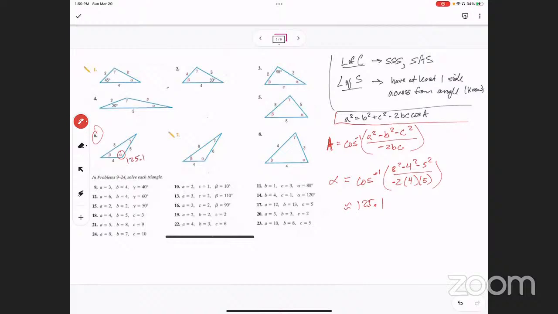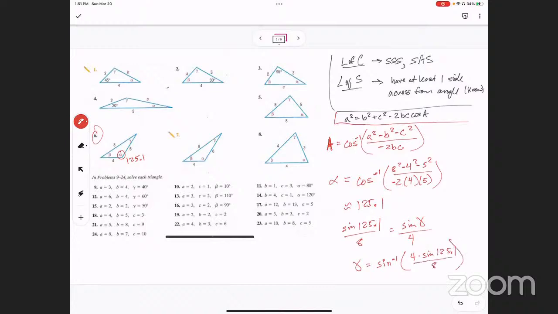And then to find the other angles, I can now use the law of sines. So the sine of 125.1 divided by 8 is equal to the sine of whatever that symbol is called divided by 4. So that means that, what is that, gamma? I don't even know what that is, is going to be the sine inverse of 4 times sine of 125.1 divided by 8.